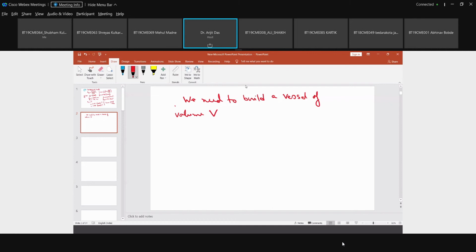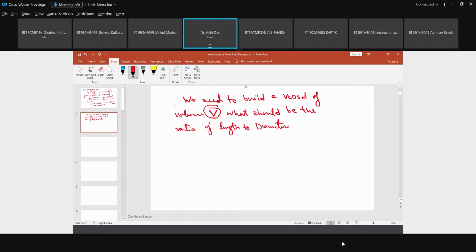So what should be the ratio of length to diameter? Suppose volume V is the fixed amount.